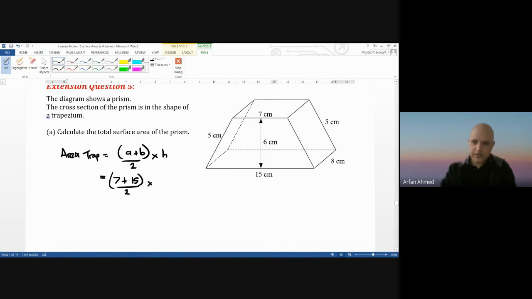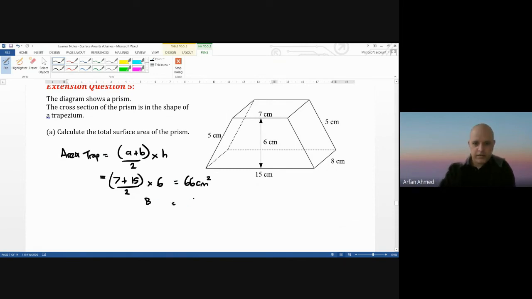The height is that vertical height right there, which is 6. Let's work that out. 7 plus 15 is 22. Half of it gives you 11, times 6 is 66 centimeters squared.